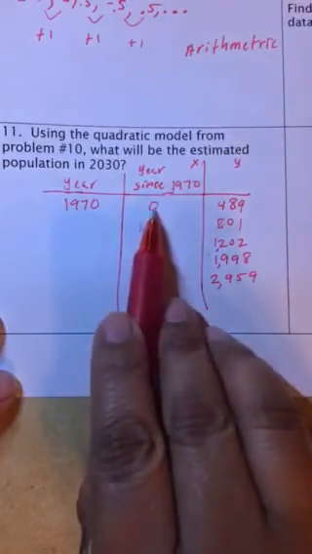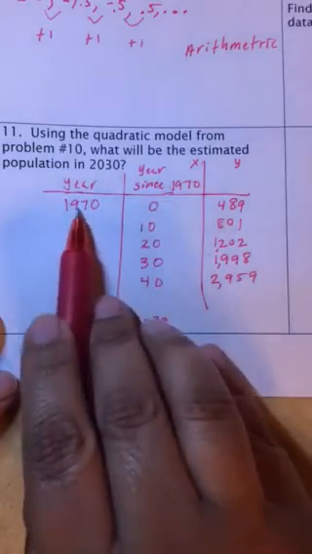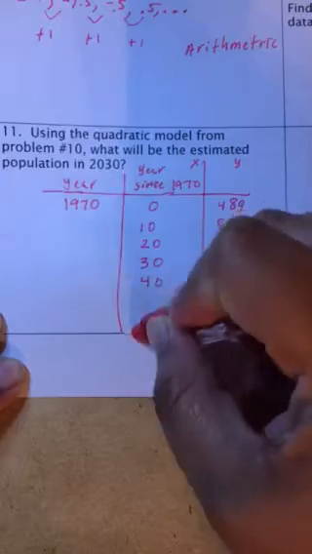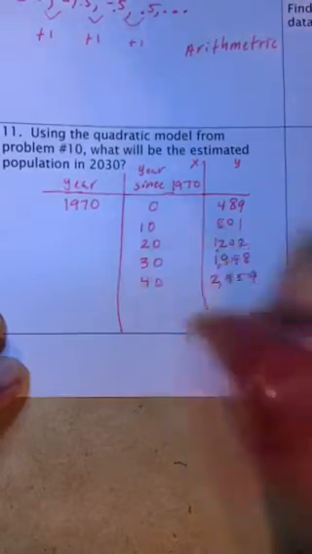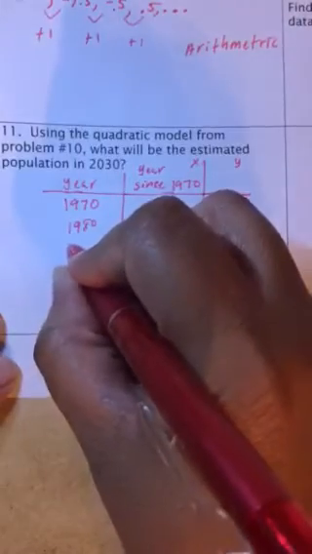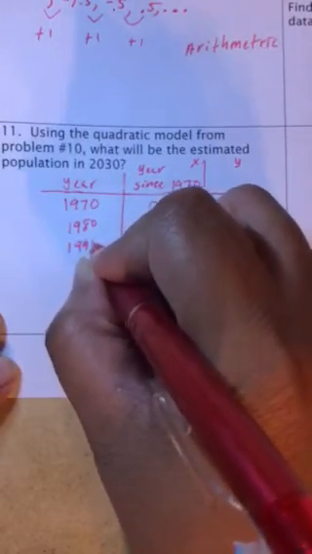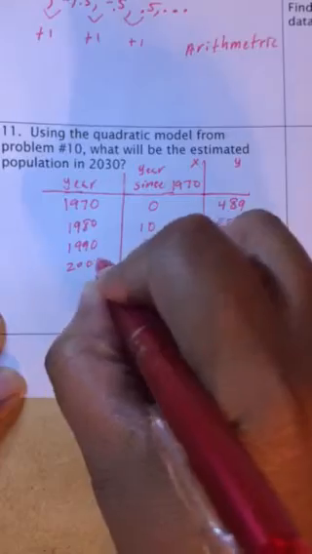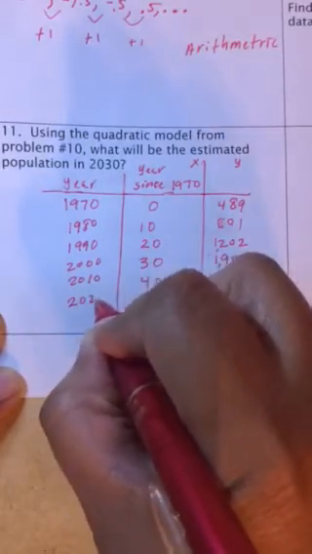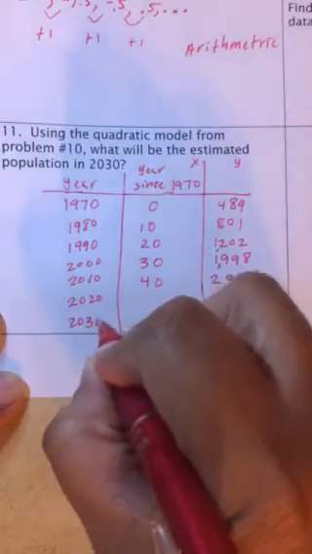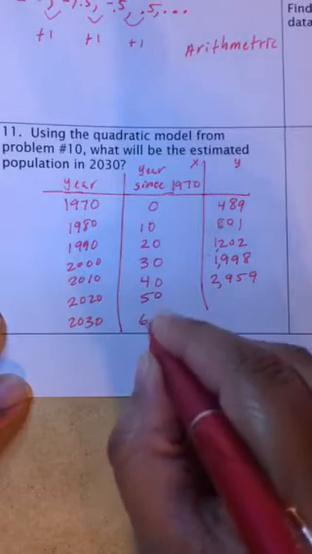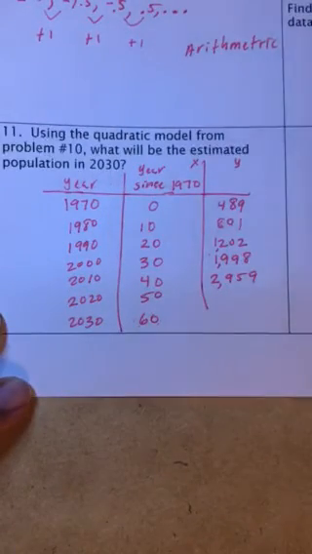You got to keep in mind that year 0 is 1970. So year 10 isn't 10, it's actually 1980. Then it would be 1990, then 2000, 2010, 2020, 2030. So what year is that since? It's since year 60.